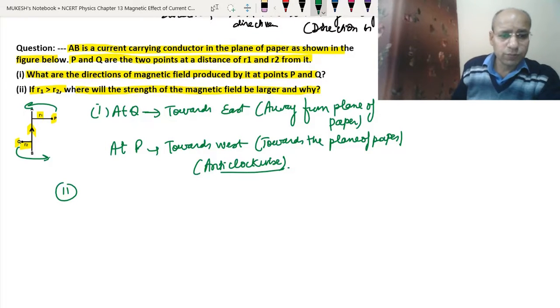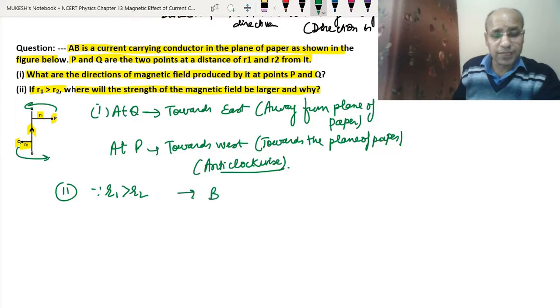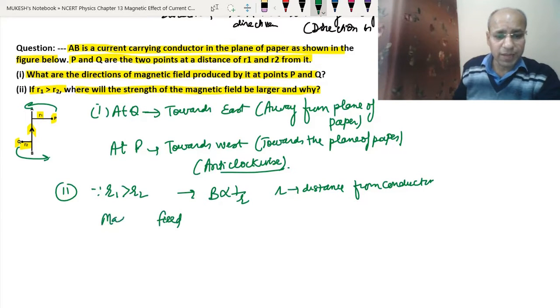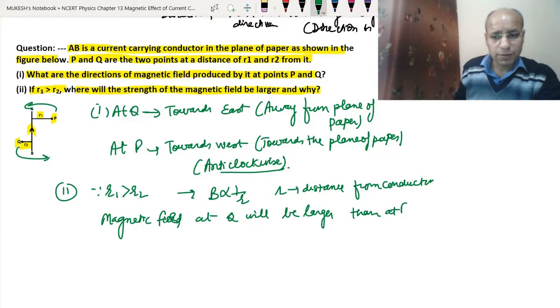So for the second question, since R1 is more than R2, and we know that the field is inversely proportional to the distance R from the conductor, the magnetic field at Q will be larger than at P. And what is the reason? That it is inversely proportional to the distance from the conductor.